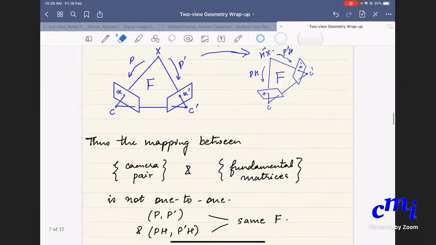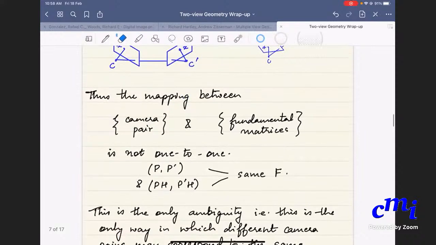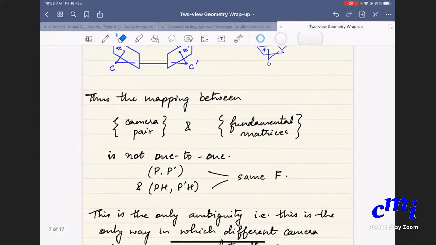Then moving on. The upshot is that the mapping between the set of all camera pairs on the one hand and the set of all fundamental matrices on the other hand is not 1-1, because you could have such pairs all mapping to the same fundamental matrix. So you can have a class of these pairs of matrices mapping to the same fundamental matrix.